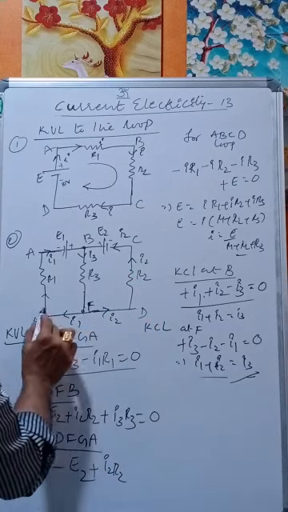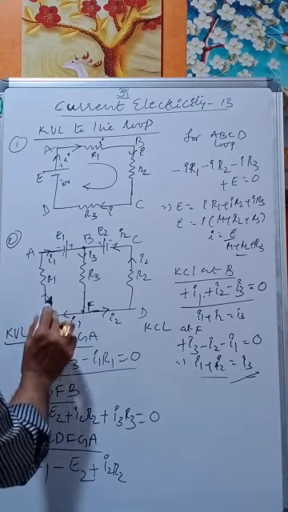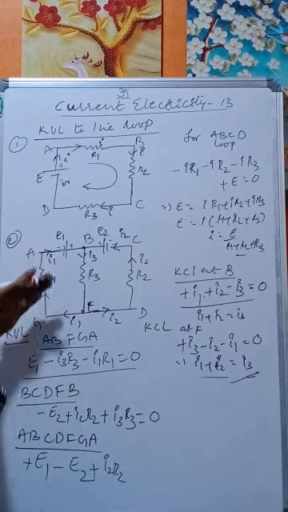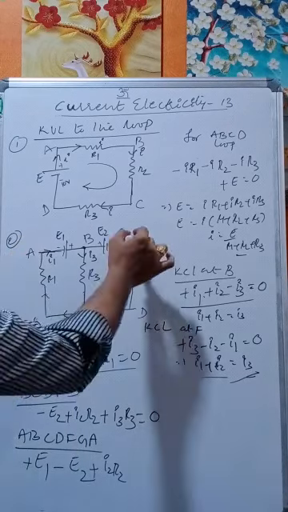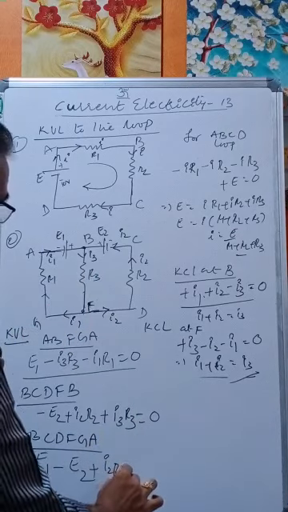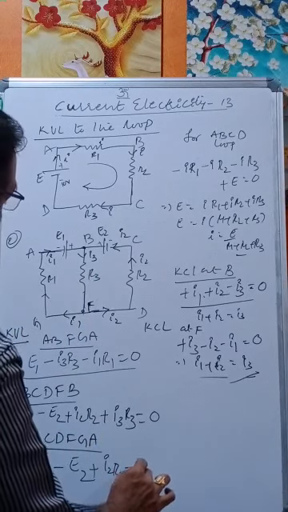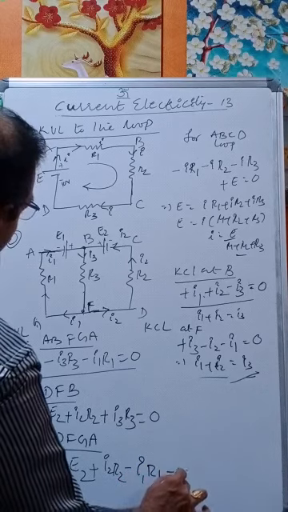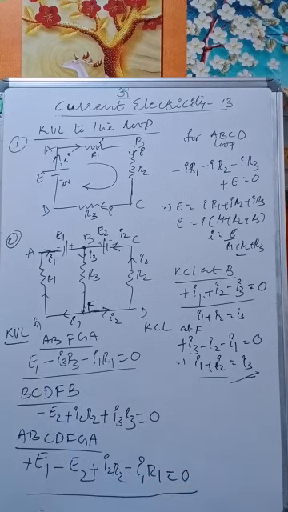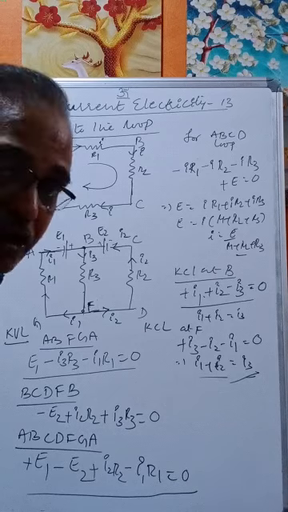From G to F and from G to A, we are in the direction of current, therefore the drop is negative: minus I1 R1 is equal to 0. Therefore, E1 minus E2 plus I2 R2 minus I1 R1 is equal to 0.